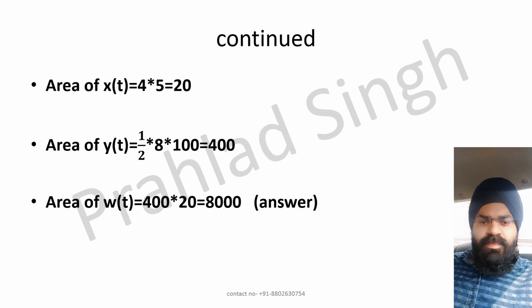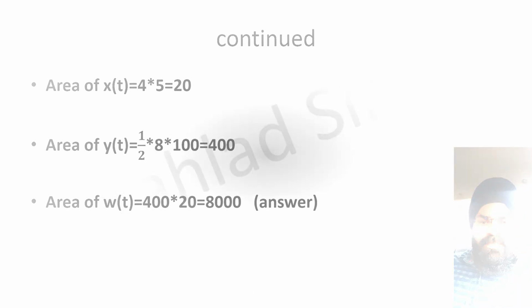So how to calculate the area of x(t)? x(t) is a rectangular pulse, and we simply multiply its length by its width, that is 4 into 5, and the answer is 20. For the area of y(t), which is a triangular pulse, the area of a triangle is half of base into height. So the area of y(t) is 1 by 2 into 8 into 100. Height is 100 and width is 8. So the answer is 400. So the area of w(t), which is the convolution of x(t) and y(t), will be 400 into 20, and the answer is 8000.